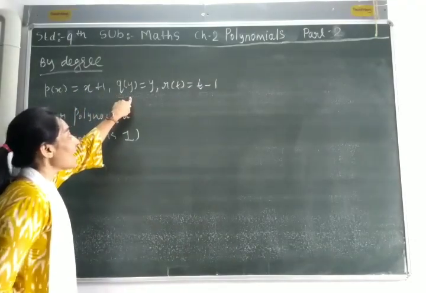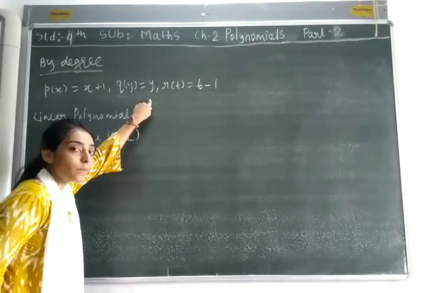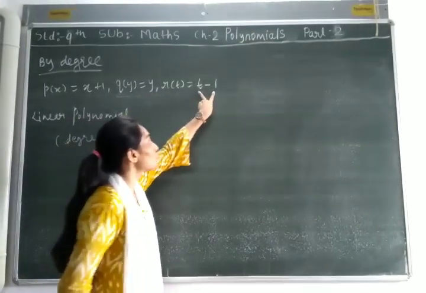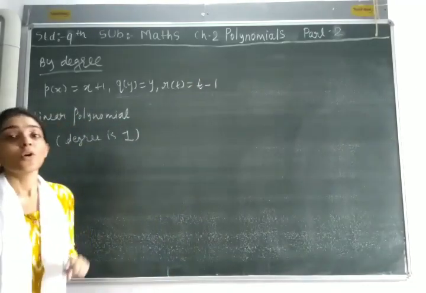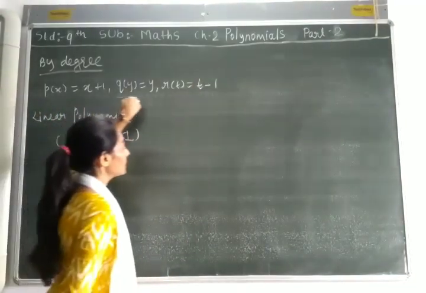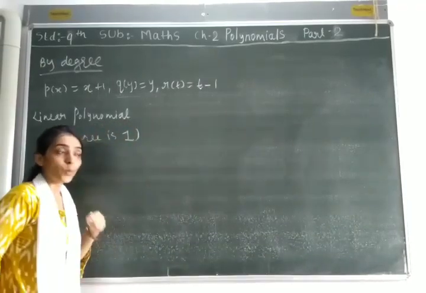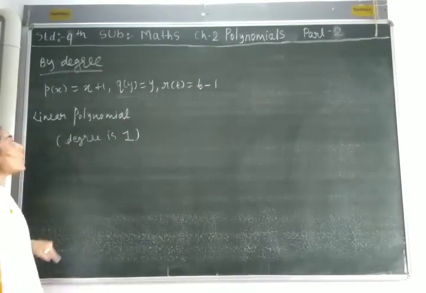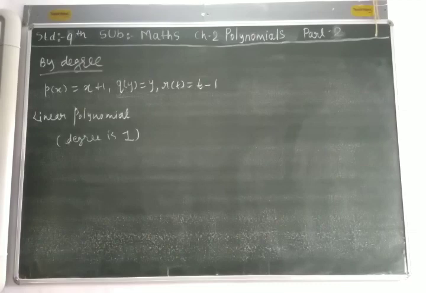Here is one term, we call it a monomial. Again it's two terms, we call it a binomial. But all the polynomials contain degree one, so we call it a linear polynomial.